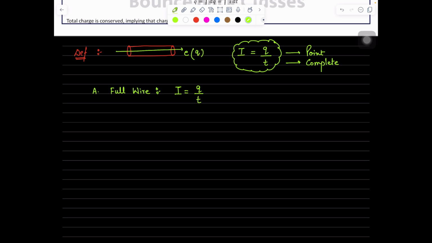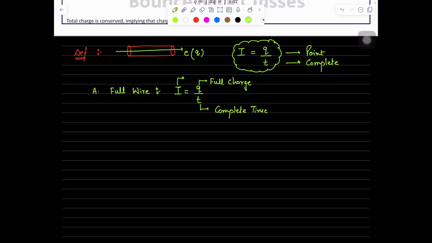This is the full current, the full charge, and the complete time. This is for the full wire.